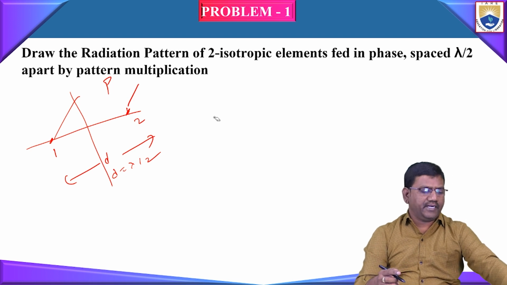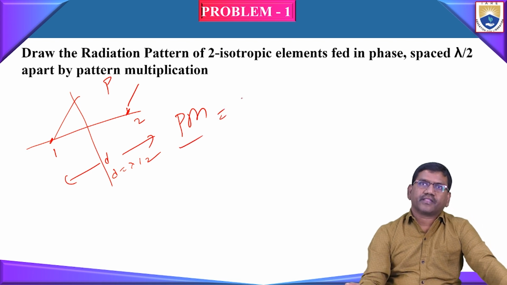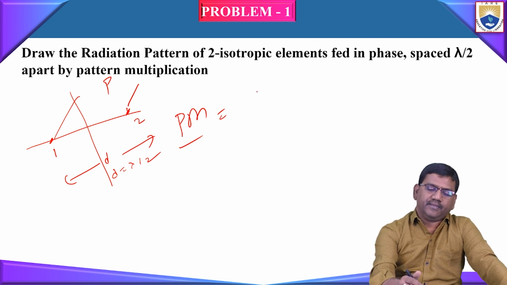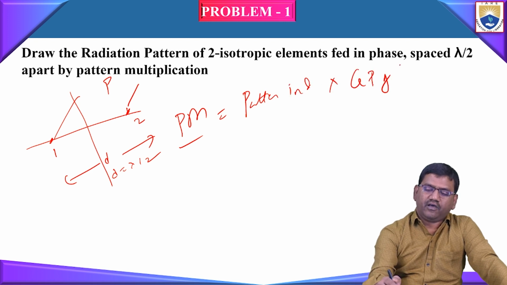According to the basic principle of pattern multiplication, the radiation pattern of an array is given by the pattern of an individual element multiplied with the group pattern of all elements in an array.